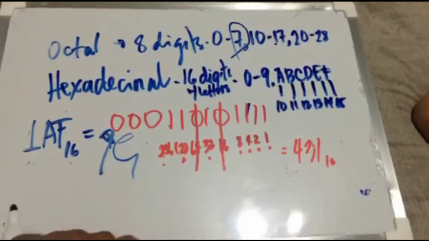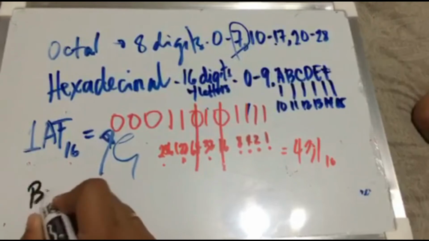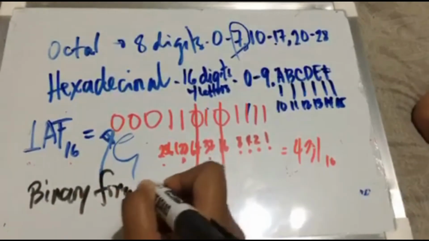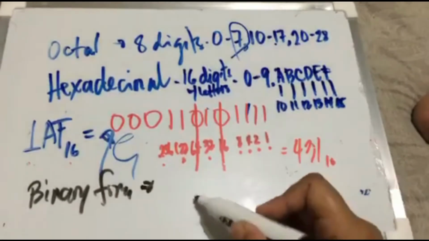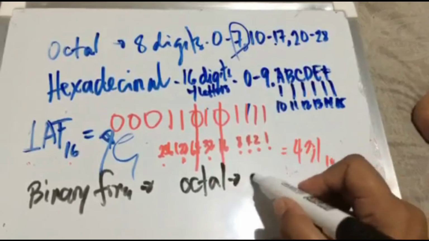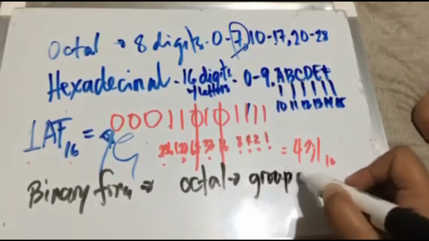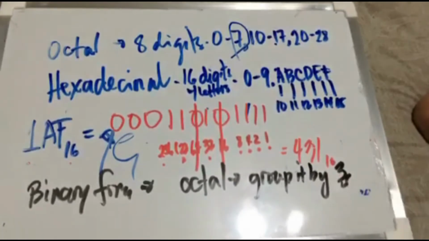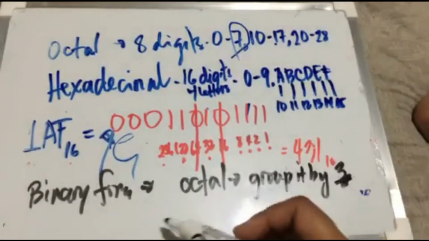If the given number is in binary form, okay, so if we're going to convert it to octal, we need to group it by threes. Okay, threes.